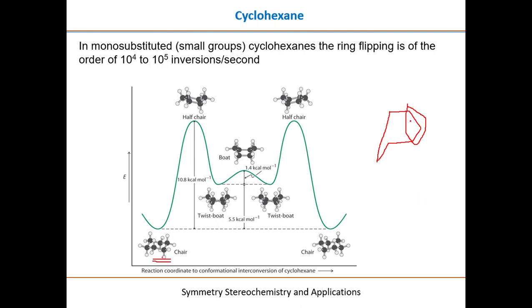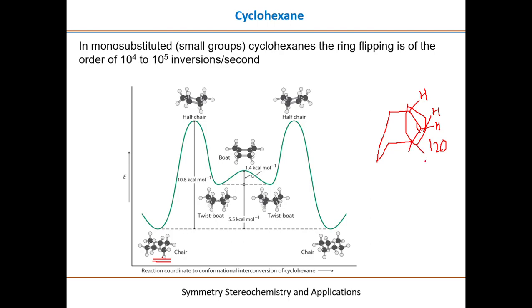So in this half chair conformation, angle strain is there. Here the angle is 120 degrees, right? And hydrogen eclipsing is also there. So steric hindrance is present here, and torsional strain is also there.